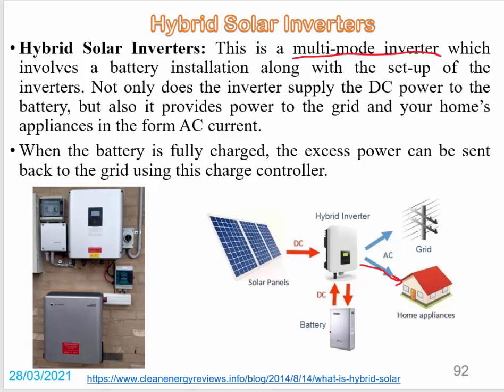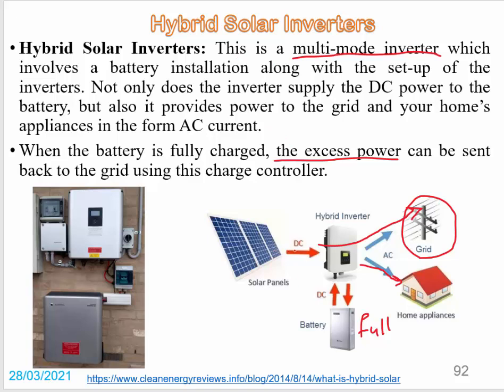When the batteries are fully charged, it will send the excess power to the grid. So we can see here, the excess power can be sent back to the grid. So this is the grid. This type has 3 jobs.